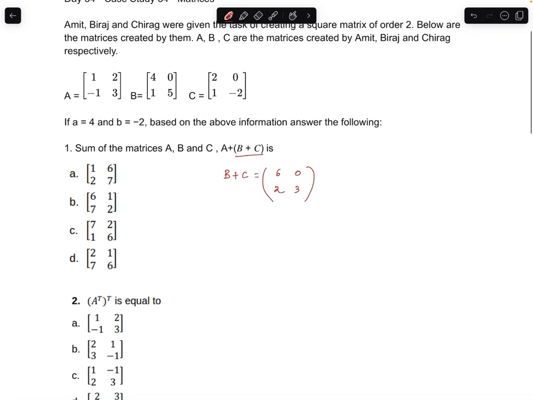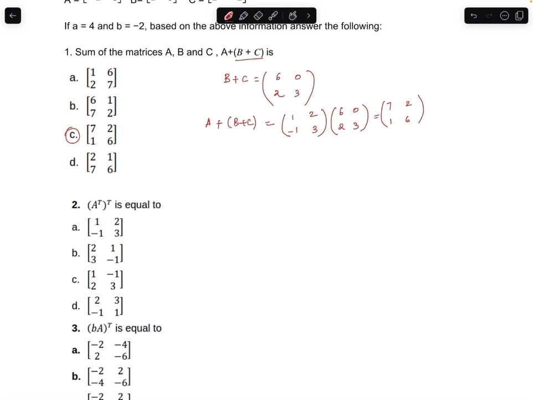With this, A must be added. A plus B plus C. A is 1, 2, -1, 3, and B plus C is 6, 0, 2, 3. On adding the corresponding elements, we get 7, 2, 1, and 6. So the option is C.